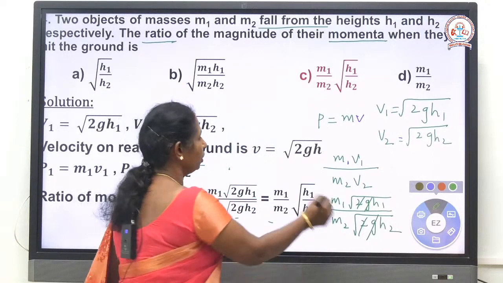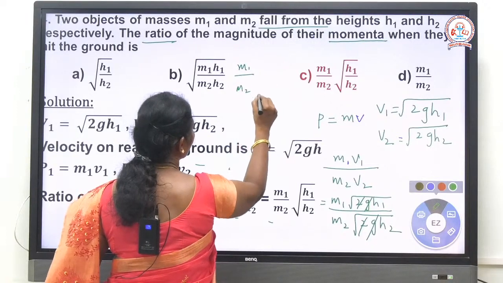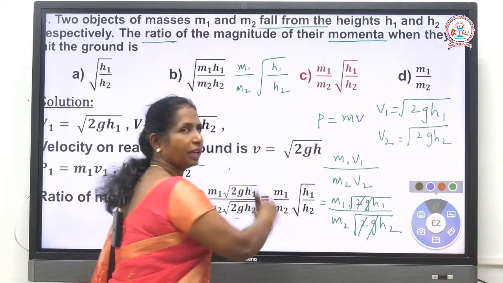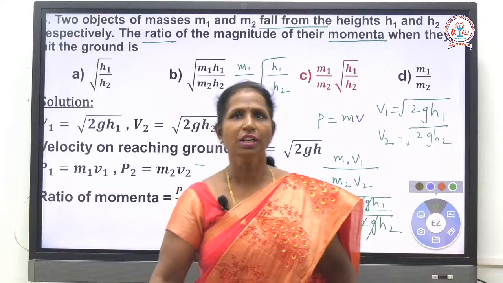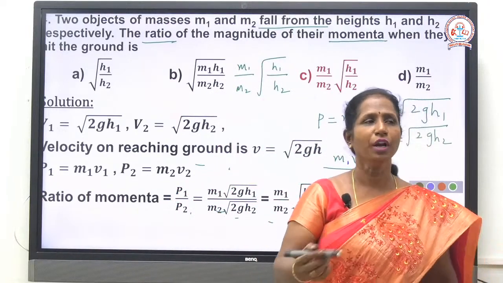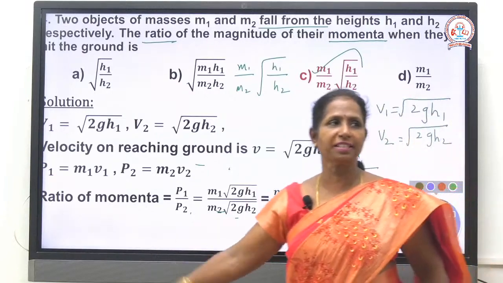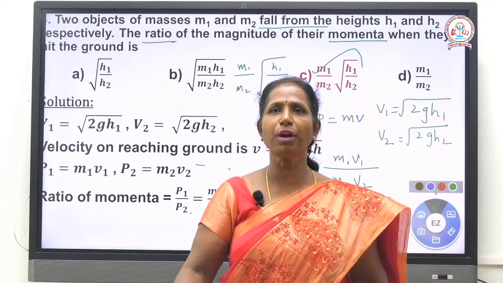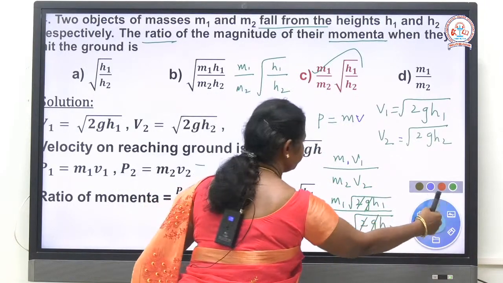What is left is m1 by m2 into root of h1 by h2. So that is the ratio of momenta of two objects. Option C is the correct answer. The ratio of momenta of the two objects is m1 by m2 into root of h1 by h2. Yes, clear?